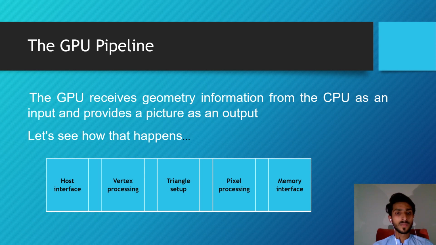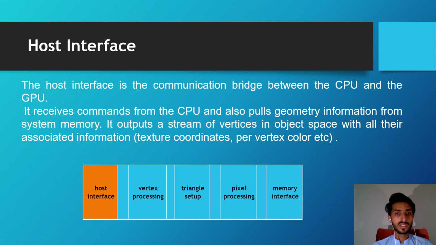The GPU pipeline. The GPU receives geometry information from the CPU as an input and provides a picture as the output. Let's see how that happens. First host interface, then vertex processing, then triangle setup, pixel processing, and the last one is memory interface. Host interface: the host interface is the communication bridge between the CPU and the GPU.